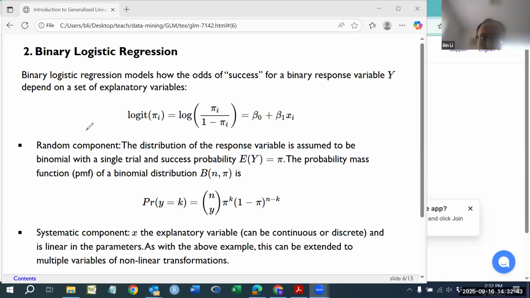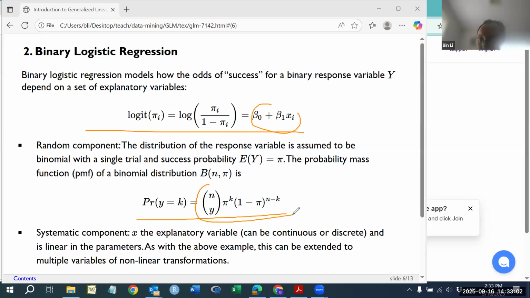So that's the link function, the logit link that connects to the systematic component. And what is the random component? The random component is the binomial distribution.